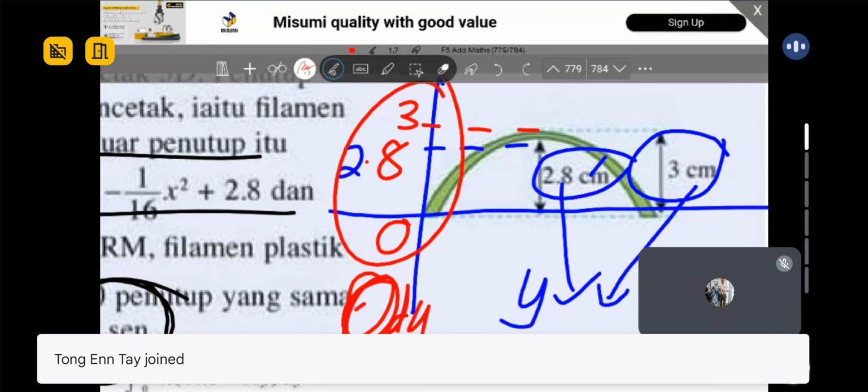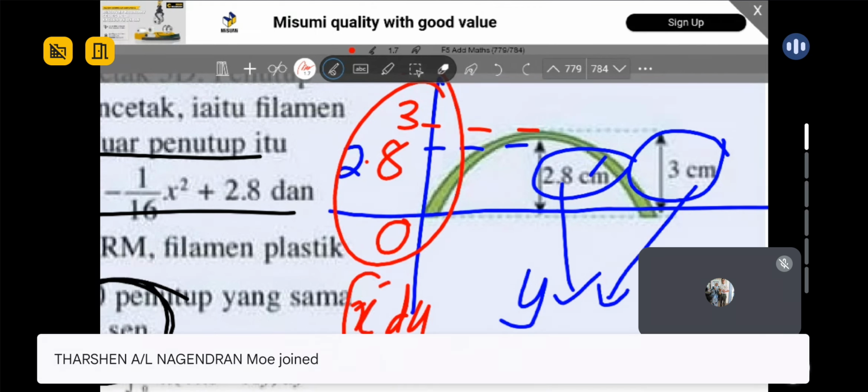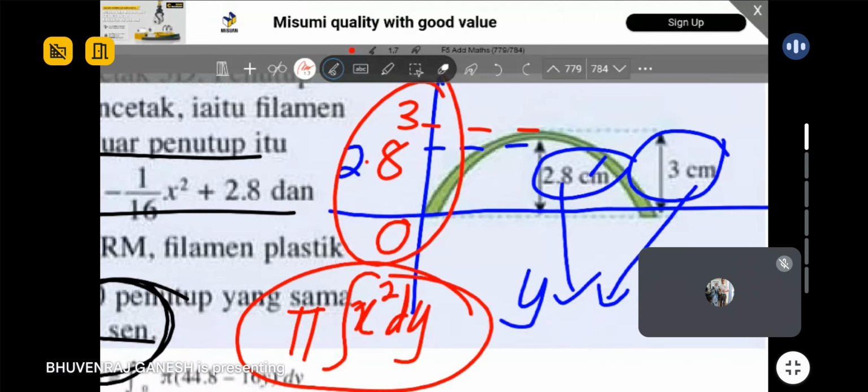For the volume formula? In the middle, we got one term over there. So what is that term? Yes, kx square, correct. Okay guys, always remember your formula is like this for volume. Don't forget pi. Okay, so this is the complete formula untuk cari isi padu. Alright, so just apply the formula only.